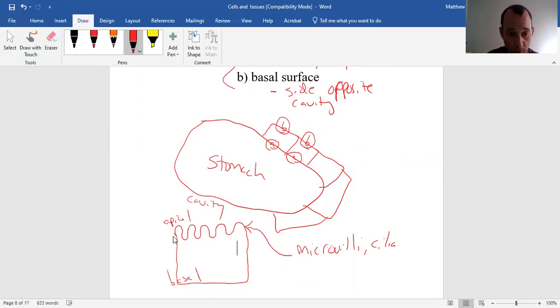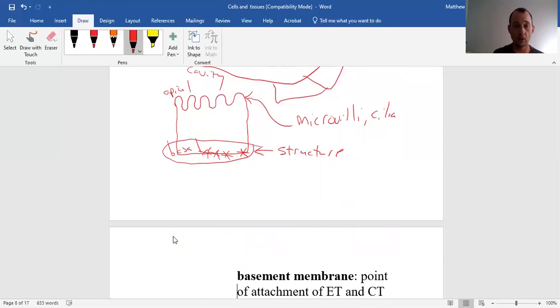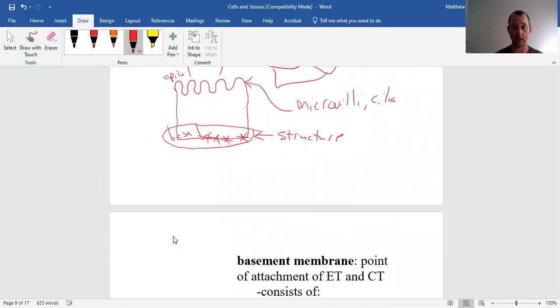Now, what I want to do is look at the basal side or the basal surface, where there is a structure. Here, where you have the basal side of the membrane, there is a structure called the basement membrane.